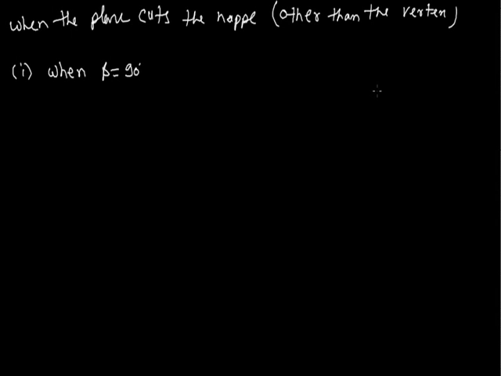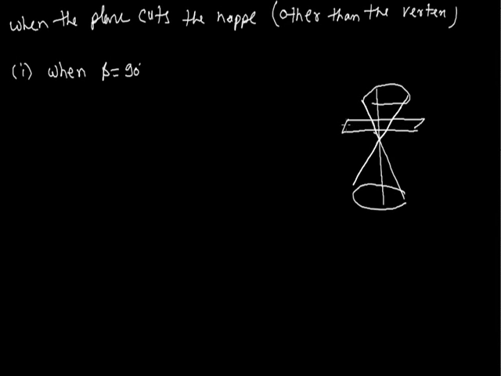We can make another figure for this. Suppose the plane cuts the nap at 90 degrees with the axis. So we can say this beta is 90 degrees. In this condition, the section so formed is a circle.